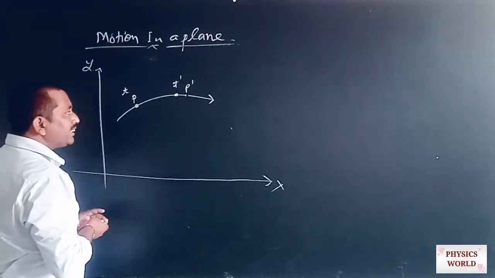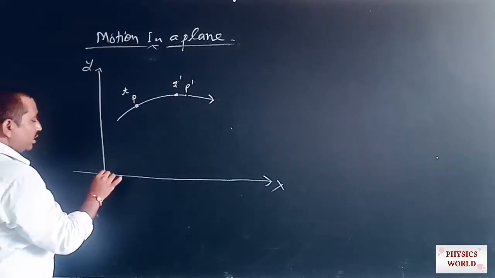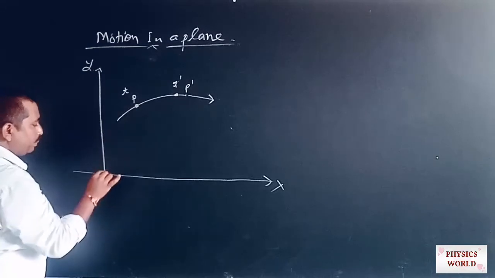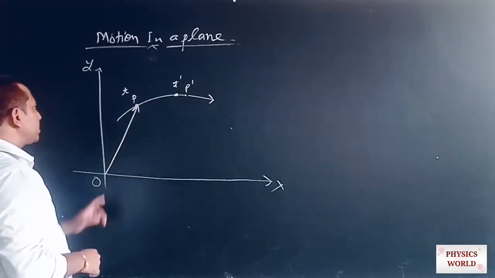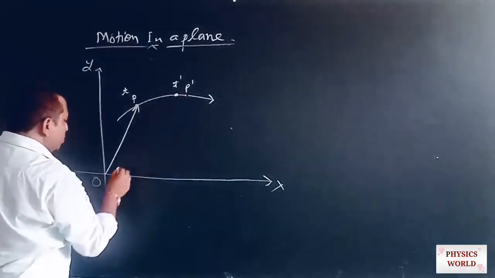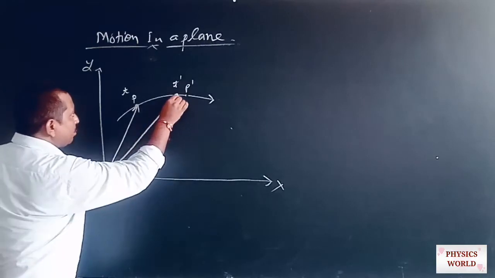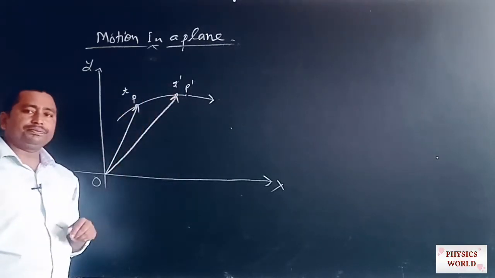To calculate it, first we have to join the point P to the origin. This gives the position vector of the point P with respect to the origin, and if we join O to P dash, then this line gives the position vector of the point P dash with respect to O.